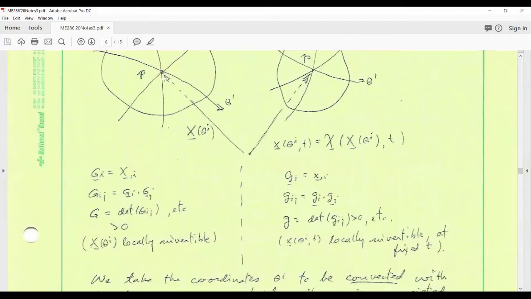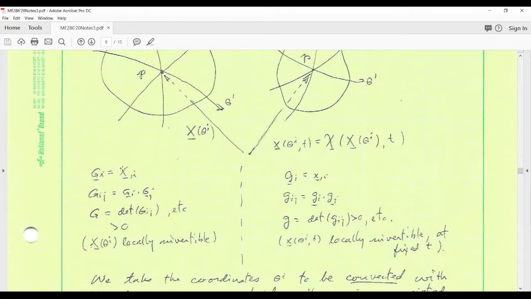Okay. So again, this defines the position of a particular material point in a reference configuration. That material point is in one-to-one correspondence with a fixed set, theta 1, theta 2, theta 3. So knowing those coordinates is equivalent to knowing the material point you're talking about. We can do the same thing. We can generate a natural basis in this configuration, with an associated metric.